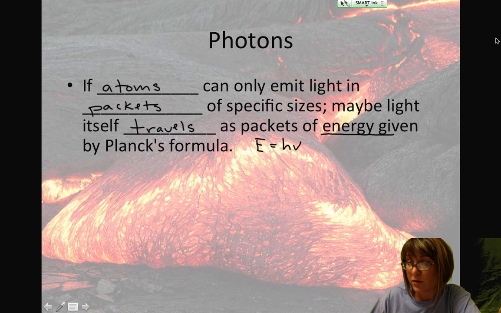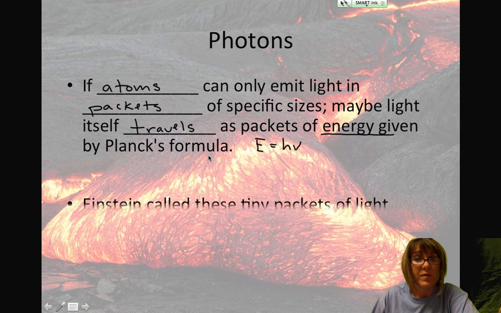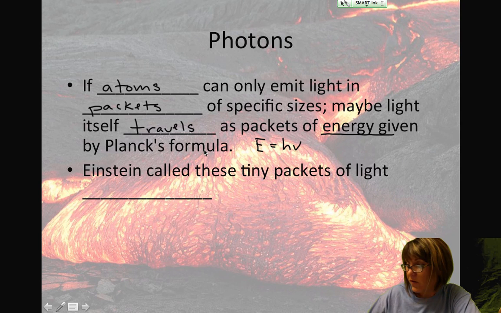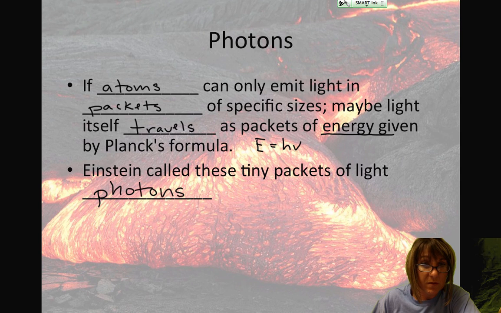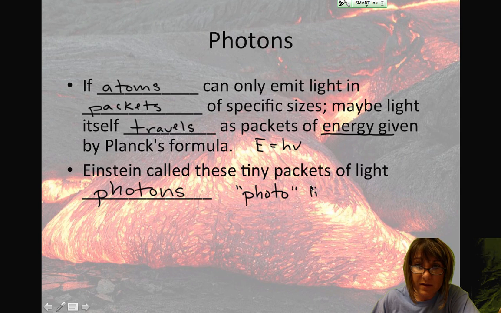This was a radical new theory, that there would be packets of energy or packets of light. And Einstein called these packets of light photons because this prefix photo is Latin for light. That's what that word means.